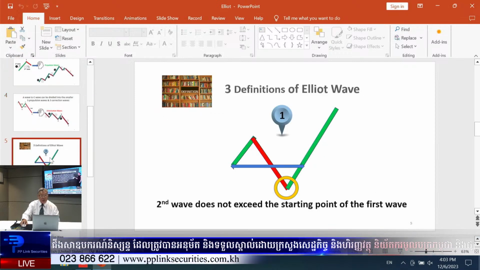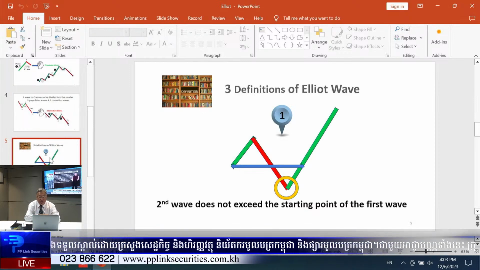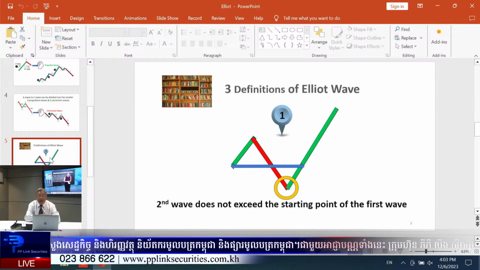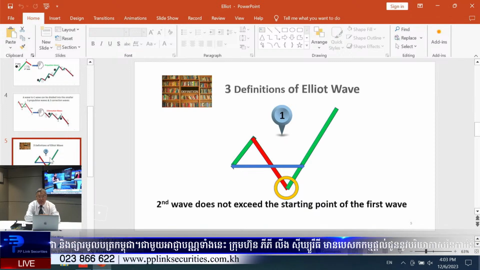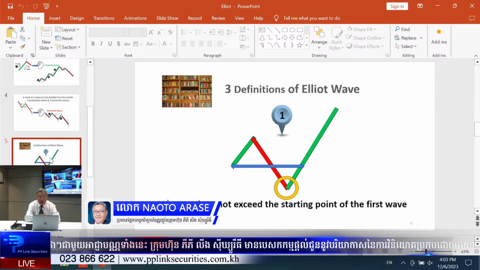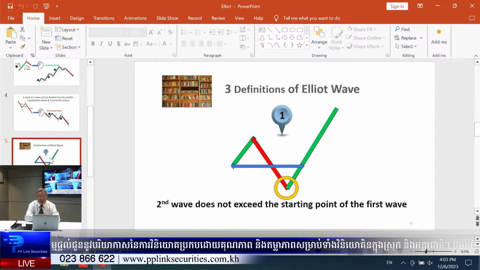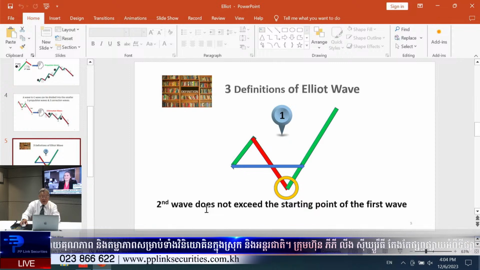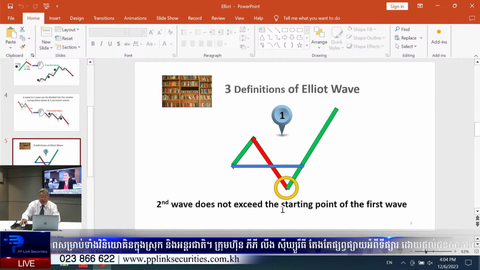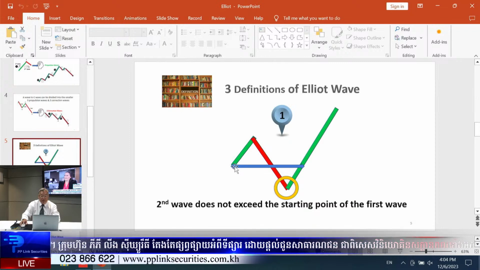So today I would like to discuss with you 3 definitions of Elliott wave, in order to observe the Elliott wave from your chart, any type of time frame chart, you can apply these definitions. Number 1, the second wave does not exceed the starting point of the first wave. Okay, I should show you.